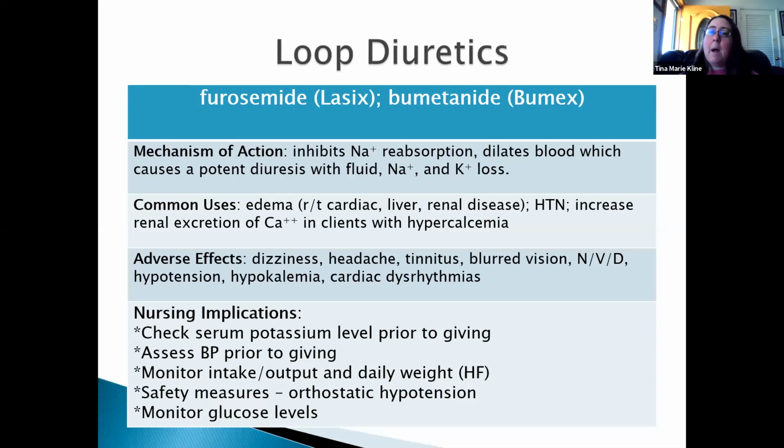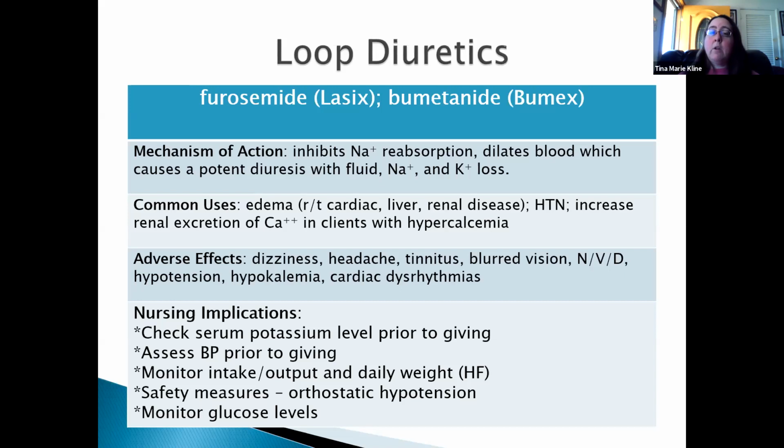So we're reducing the amount of circulating volume, so we're not overfilling the pipes, so to speak. While loop diuretics can also be given for heart failure for fluid overload, that's not going to be our focus at this point. Here we're looking at increasing urinary output, reducing the amount of circulating volume, and reducing the amount of preload, okay? for the heart to pump more effectively, and for the pressure to be down.